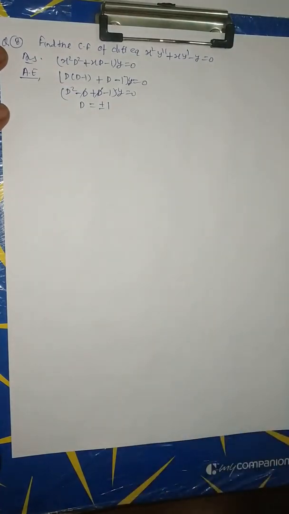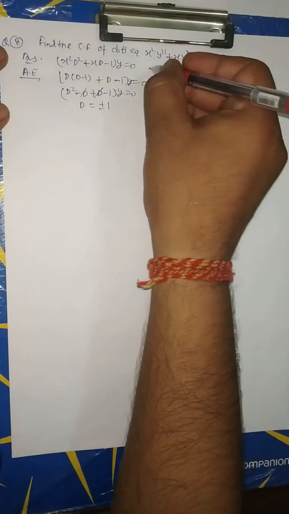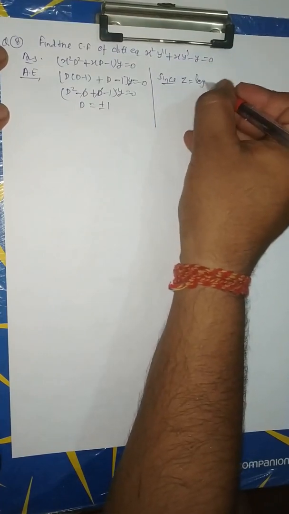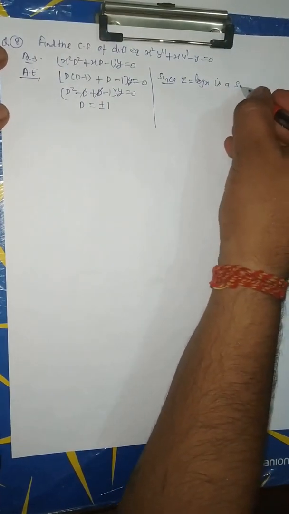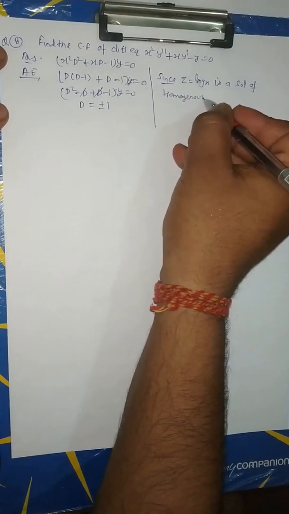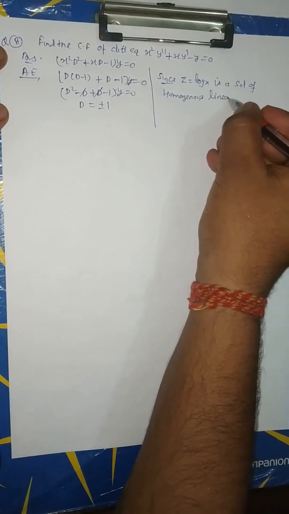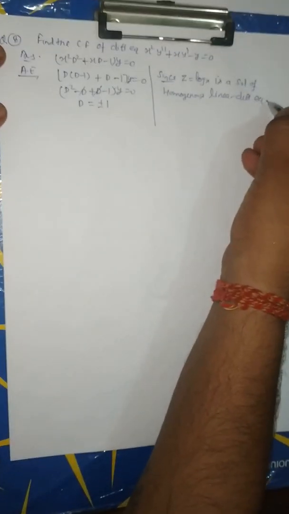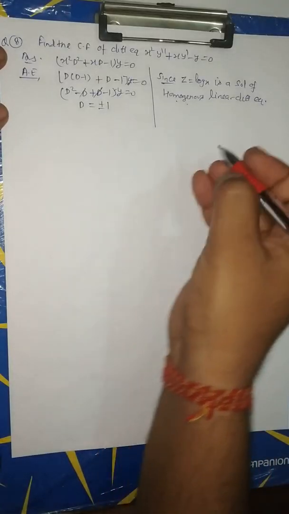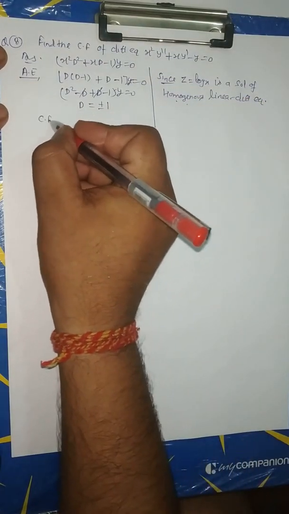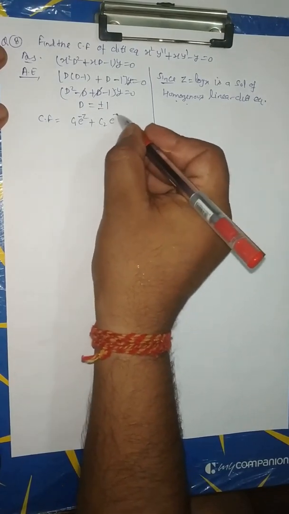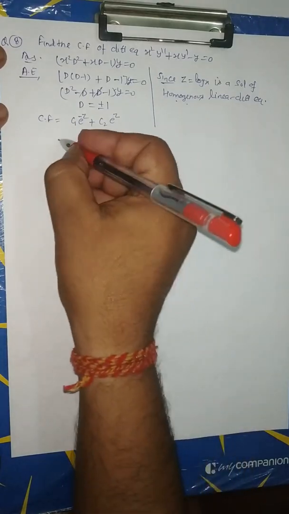Since z equal to log x is a solution of the homogeneous linear differential equation or Euler-Cauchy equation, now CF can be written as C1 e to the power minus z plus C2 e to the power z, where C1 and C2 are arbitrary constants.